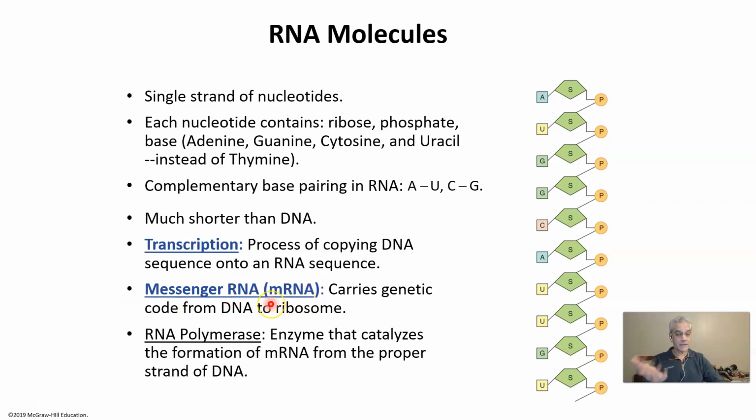Now, you may have heard mRNA in these vaccinations that have come about from Pfizer and Moderna, these companies that have made vaccines against the COVID virus, SARS-CoV-2. They are making mRNA vaccines.